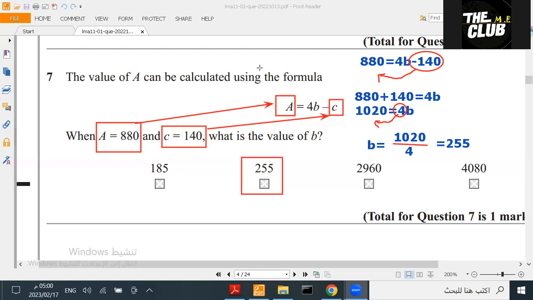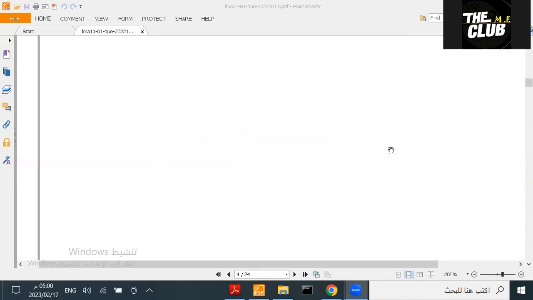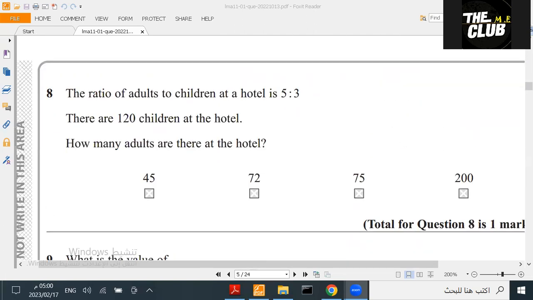Let's move on. So this is the answer for question 7. Let's move on to the next one. Question 8, from October 2021. The ratio of adults to children at a hotel is 5 to 3.